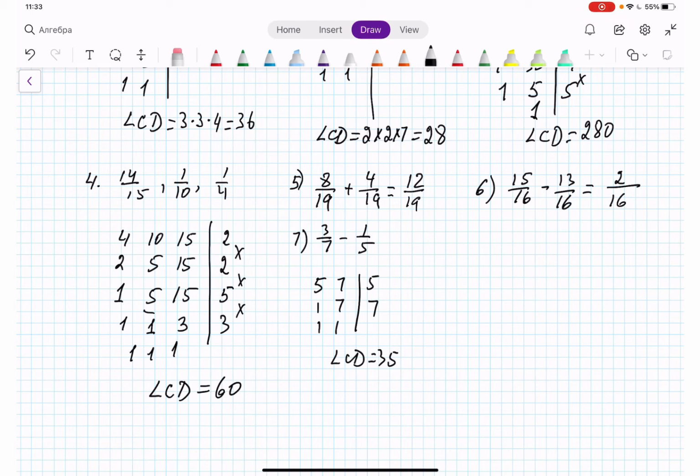So to get 35, we have 3 over 7 minus 1 over 5. Here multiply by 5, multiply by 5. Here multiply by 7, multiply by 7. And I'm getting the result, 35 and 15 minus 7, 8 over 35.